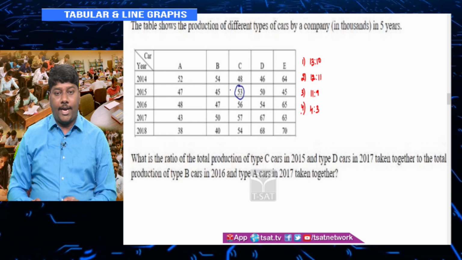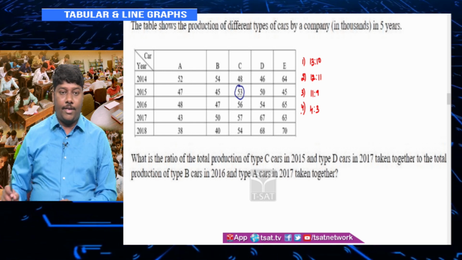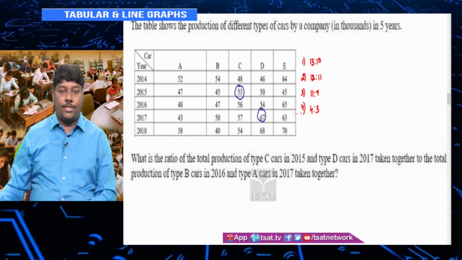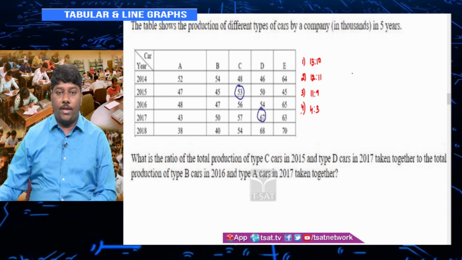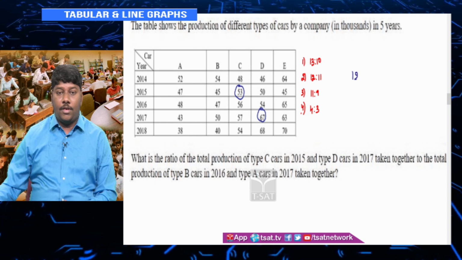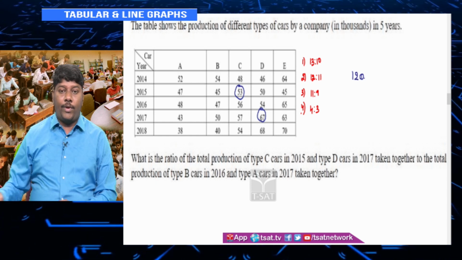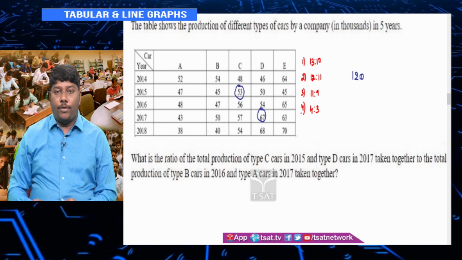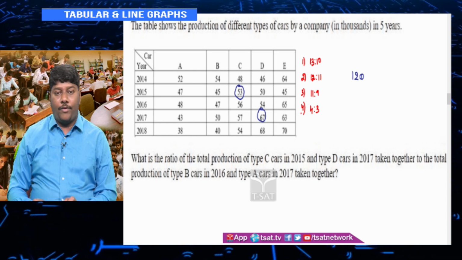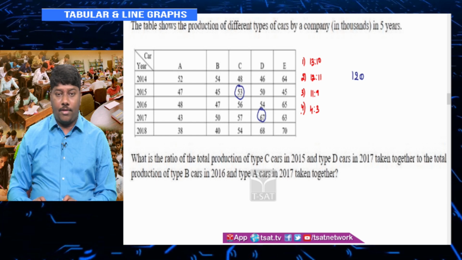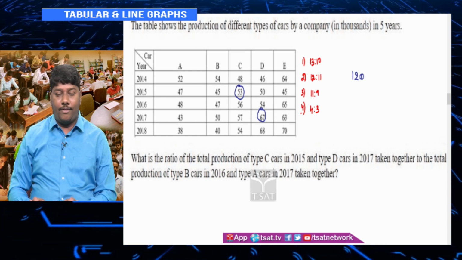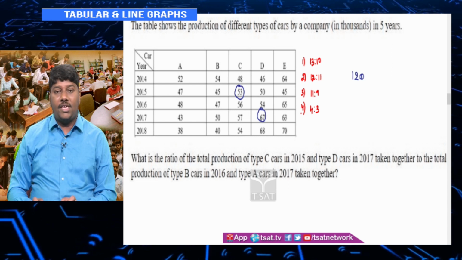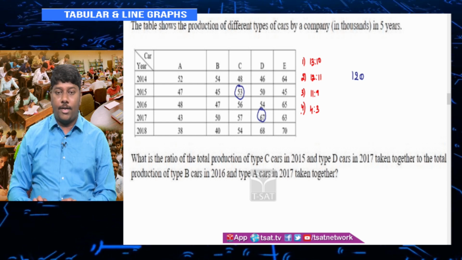Type D in 2017 is 67, plus 53 is 120. The moment you look at 120, the only possible answers are the second option and the fourth option, because you can't write 120 as a multiple of 13 or a multiple of 11. 13 is not a factor of 120, neither is 11.